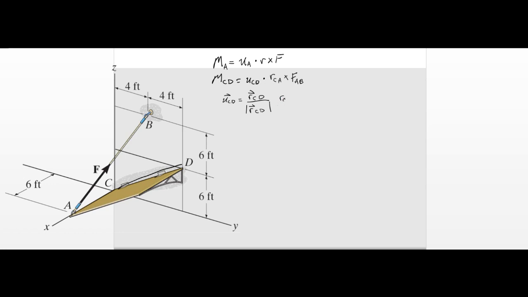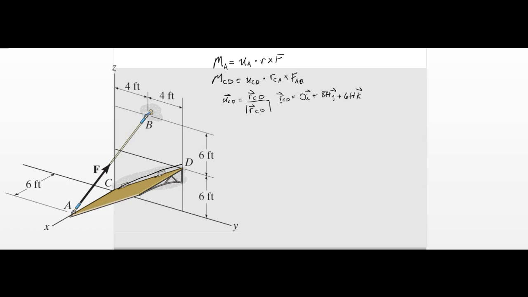So RCD is then equal to 0 i plus 8 feet in the j, because you can see here's the j-axis and here's 4 feet and 4 feet. So here's 8 feet in the j. And then for the k direction, we have plus 6 feet in the k.